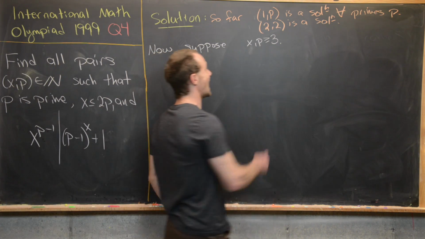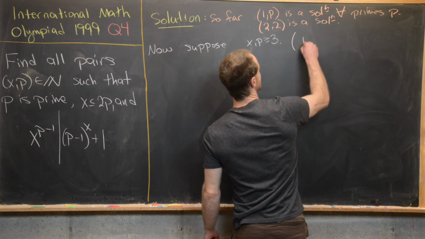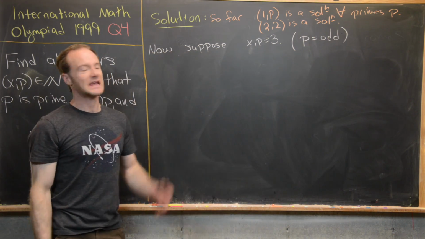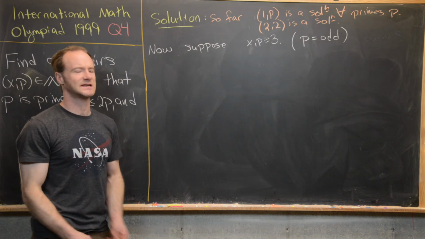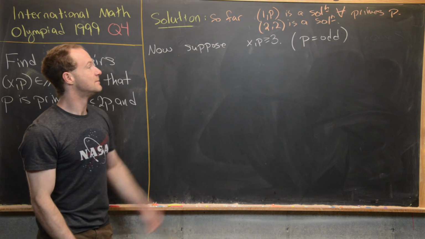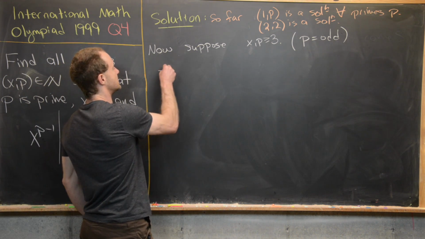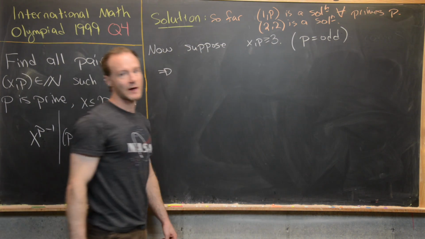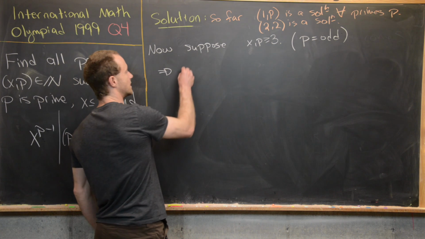So now notice, if x and p are bigger than or equal to 3, that means that p is an odd number, because the only even prime is the number 2. That's what makes it kind of stand apart from all the primes when we're doing these kind of calculations. But now if p is odd, notice that we've got p minus 1s floating around here, so we might want to look at the parity of p minus 1.